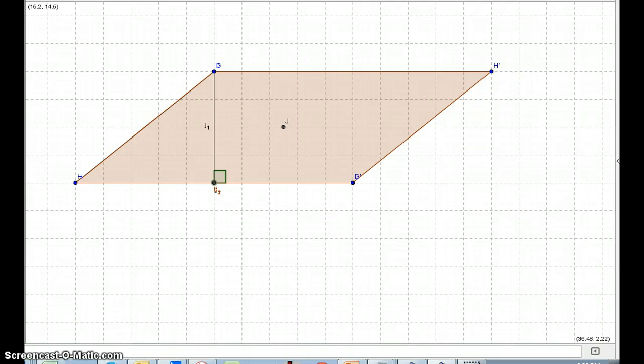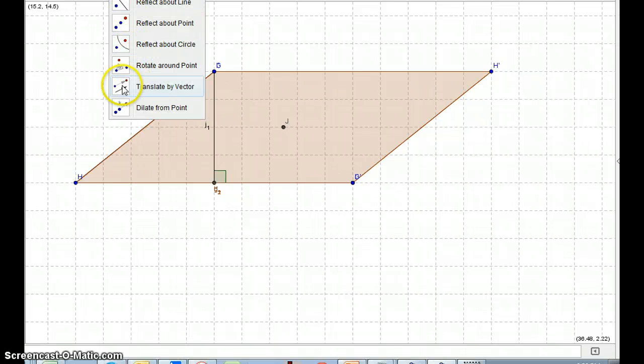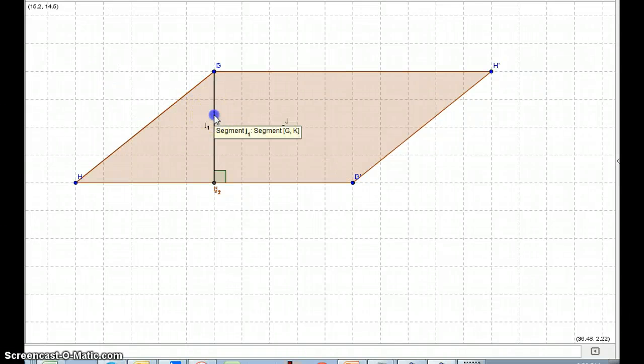And let's translate this height by a vector.